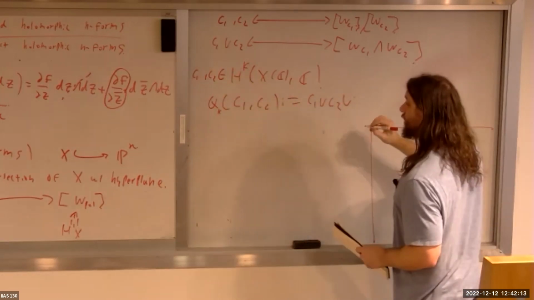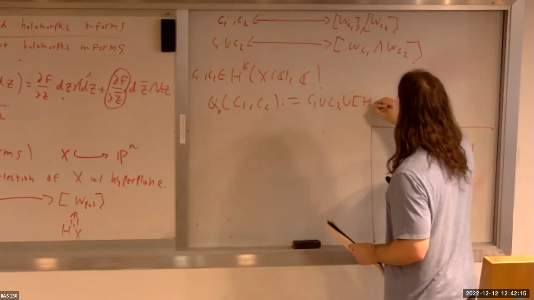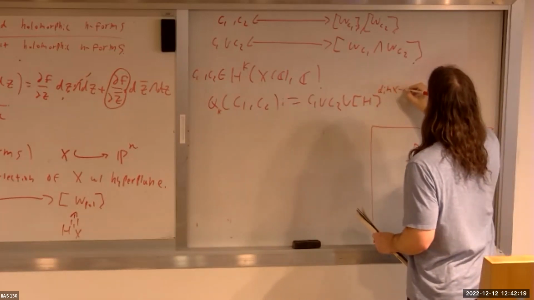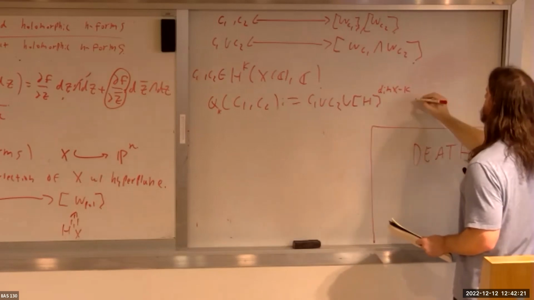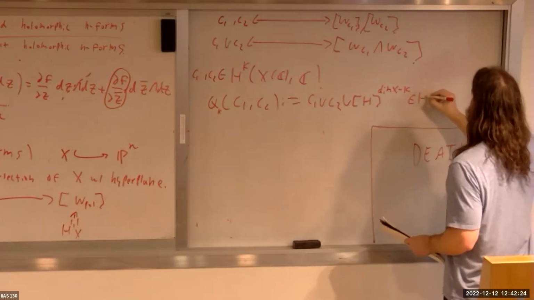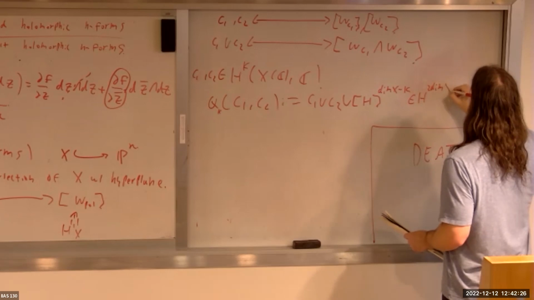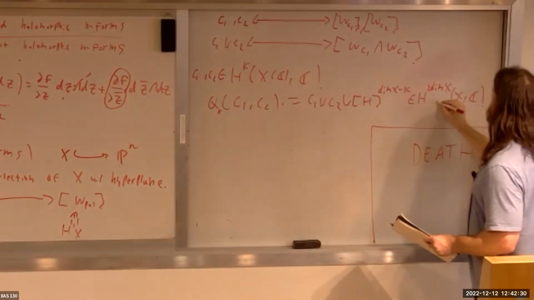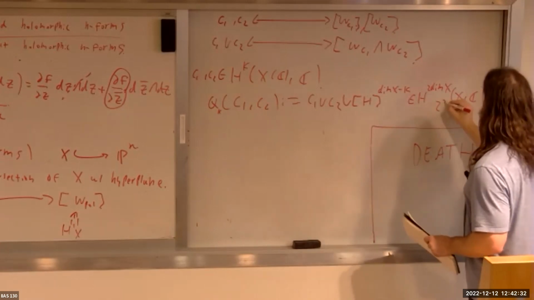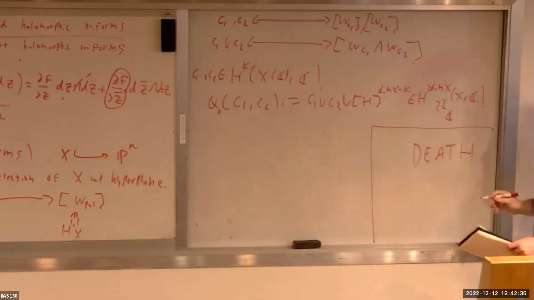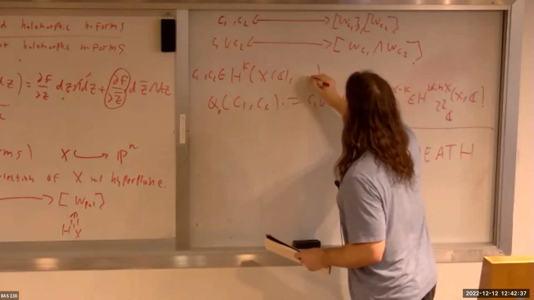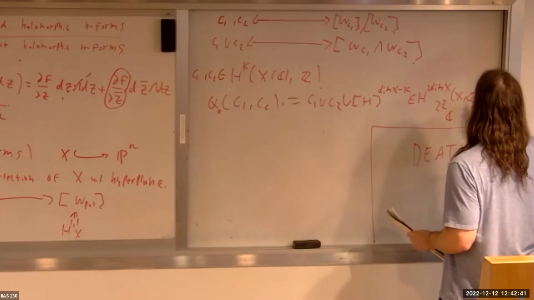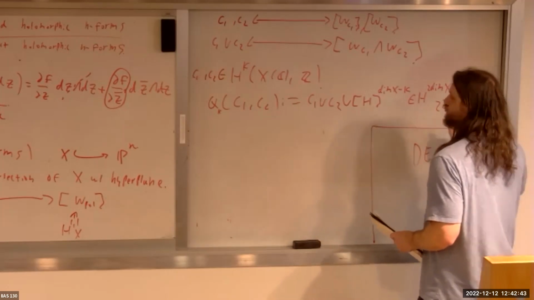And now we're going to further cup this with the class of H, to the power of the dimension of X minus k. This will put us inside the very top cohomology group, which is isomorphic to C. And in fact, I've been writing C's everywhere, but I can replace this with Z as well and get the same result.